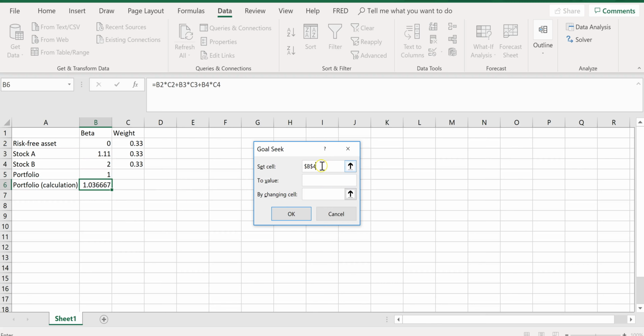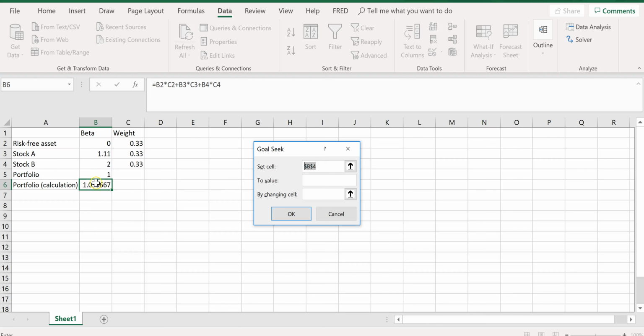Set Cell here is the portfolio beta, as calculated from the weighted average of the betas for all the individual assets within that portfolio.